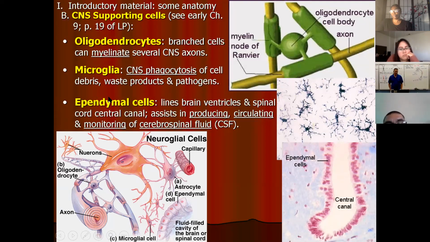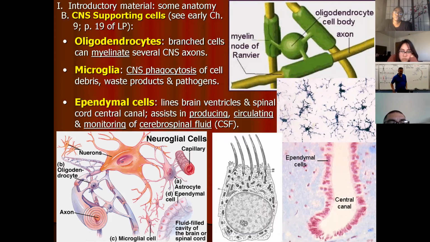And then the last one are ependymal cells, and ependymal cells are all about cerebrospinal fluid, CSF. Does this ring a bell from anatomy? Ependymal cells make it, they monitor it, they maintain it, and with little cilia, they circulate it. That's the picture of one right there, circulating the CSF.